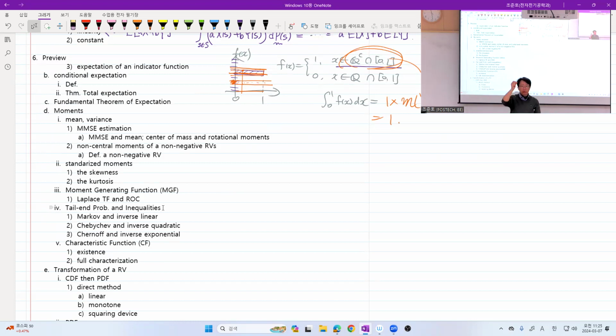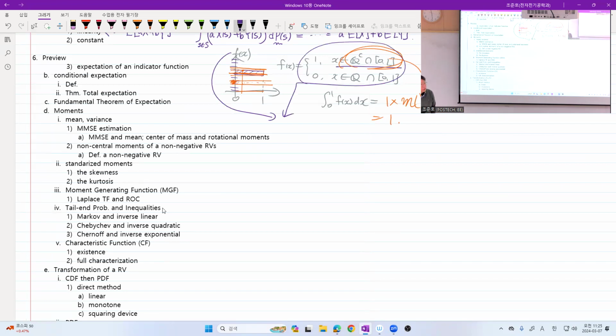You don't need to say if this condition is satisfied, then this is the answer, otherwise something else. Whenever you have either one or the other, you can use the indicator function. In that case, you can write the if-then-else as a single formula. Got it?